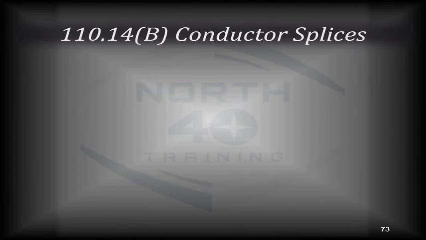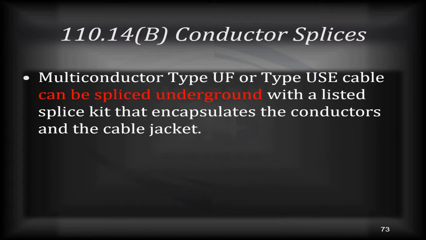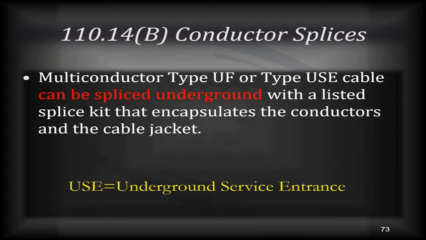From 110.14(B), continuing on with conductor splices. Okay, in the code, we're talking about the splicing, same section that we've been talking about for the last few minutes. Multi-conductor type UF or type USE cable can be spliced underground with the listed splice kit that encapsulates the conductors and the cable jacket.